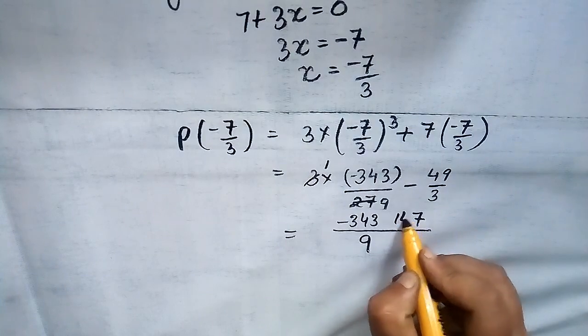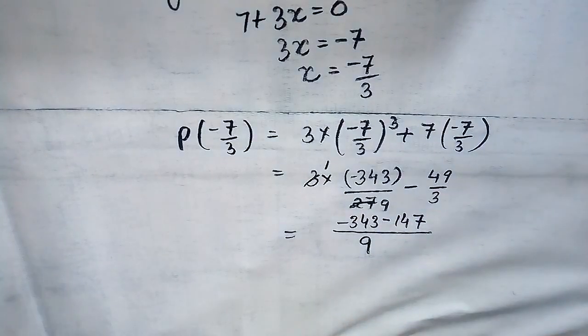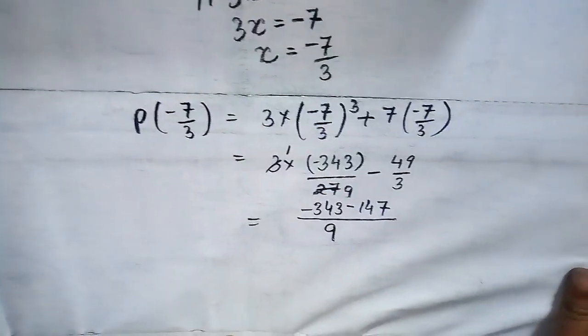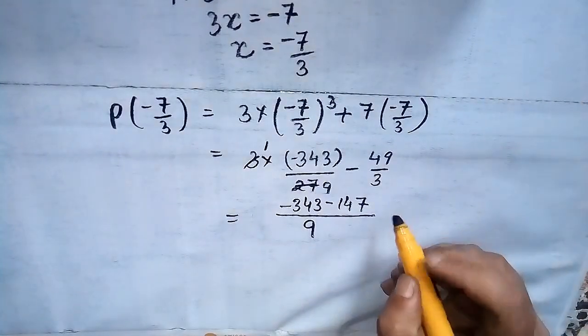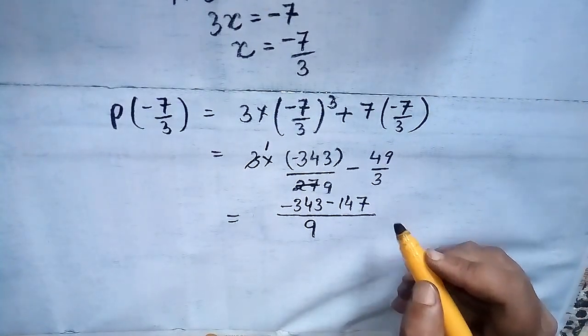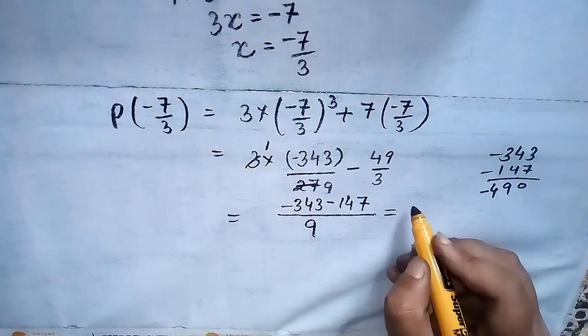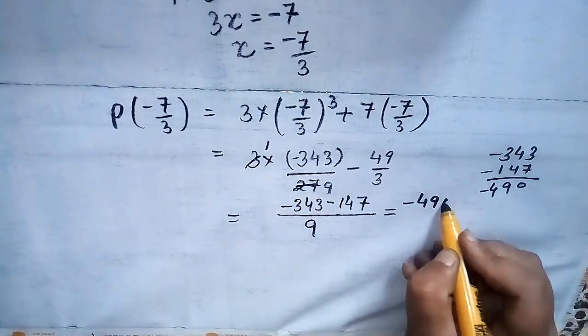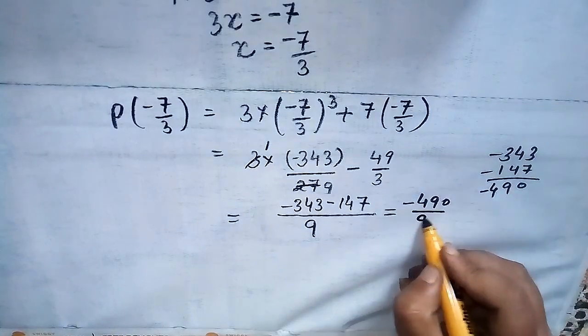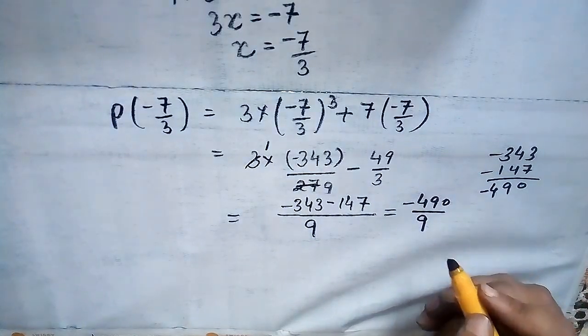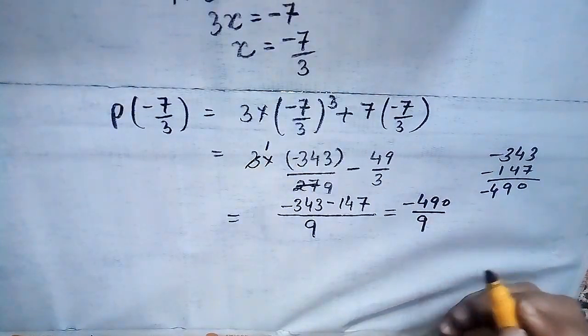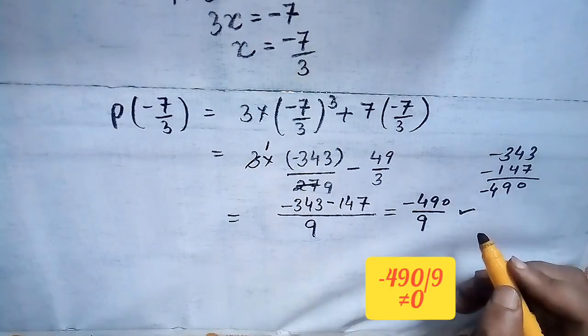So 49 into 3 is 147. So minus 343 minus 147, both are negative, so they will be added and the answer will be minus 490 upon 9. So you know your answer is not equal to 0.